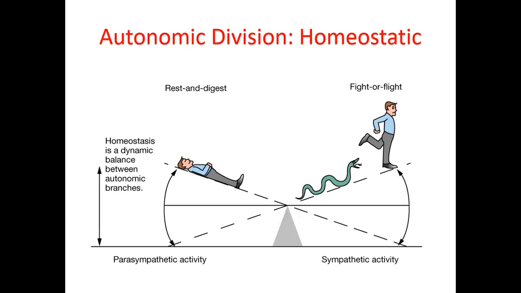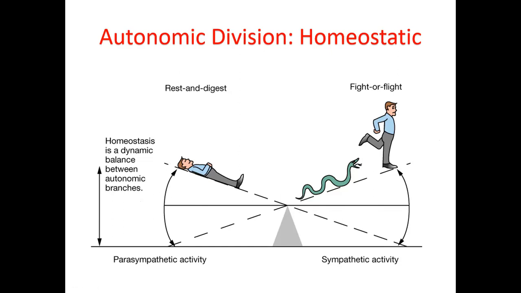If you look at this slide, the homeostasis is maintained between the parasympathetic activity and the sympathetic activity. They are in a dynamic balance between the autonomic branches. So they maintain homeostasis.